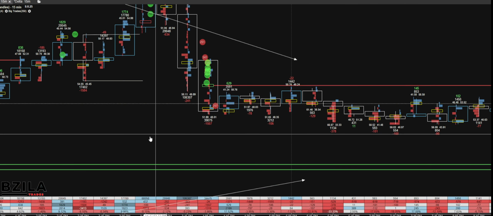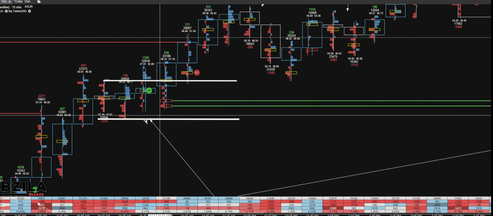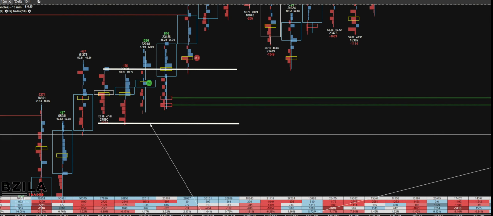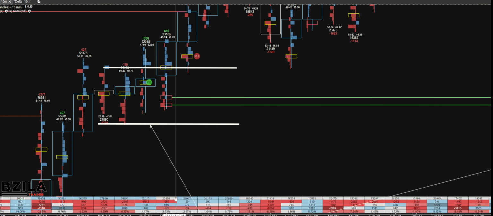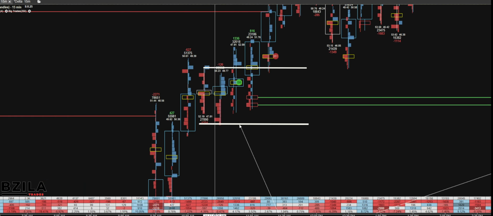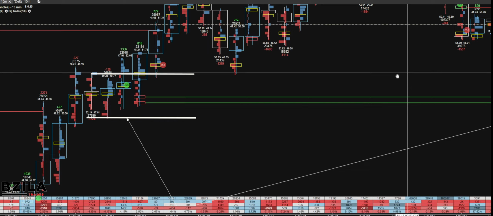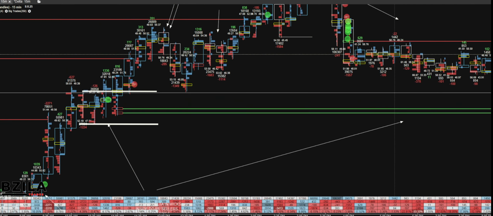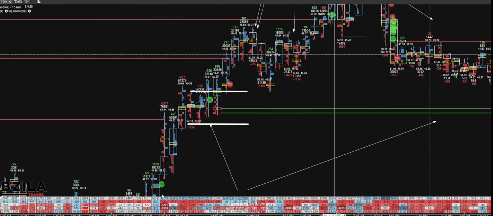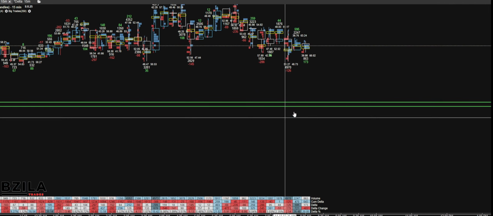Hopefully that explains a lot. What I look for is these imbalances, which is going to be a certain percentage difference. And usually if sellers are here, they would want to come back and repair it. Do they come back and repair it? They haven't yet.